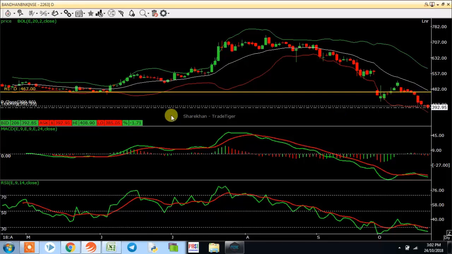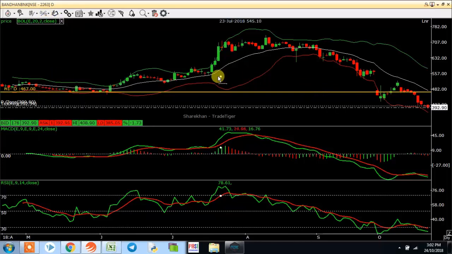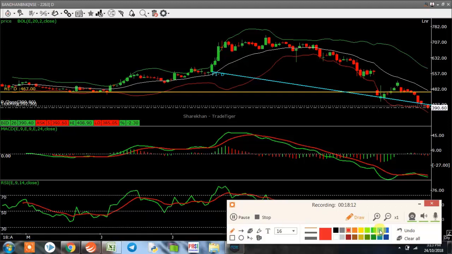Further, in the technical chart, we also study the chart pattern. Let's take a free line and try to analyze a chart pattern. Here the possible chart pattern that we could observe is an inverted cup and saucer pattern.